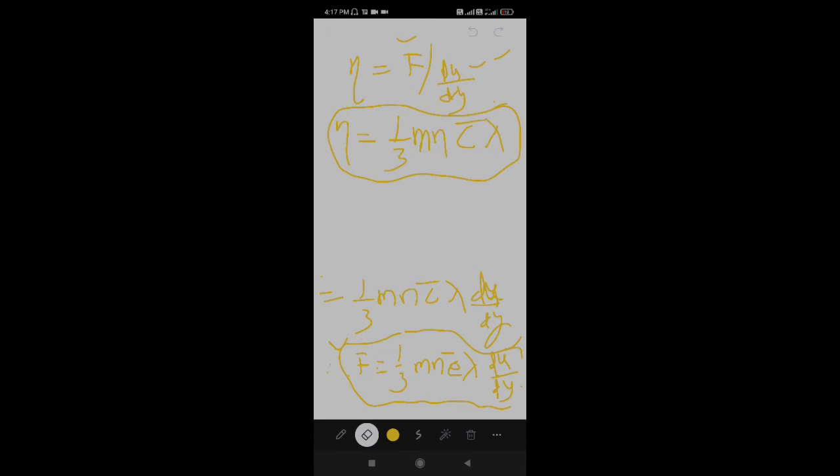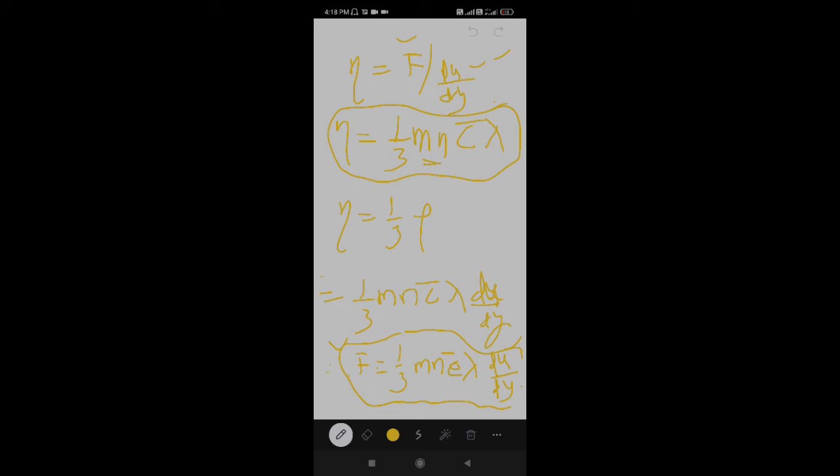This is the basic equation. You may write it in many different forms. If you multiply m into n, this is a mass into some number by volume. What is mass by volume? Density. That's why in place of mn, I am writing density rho.